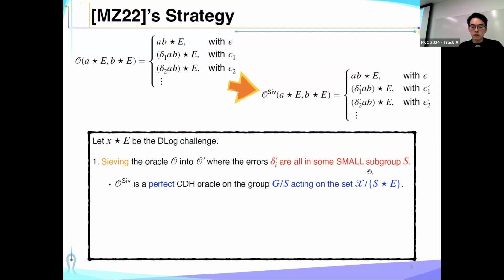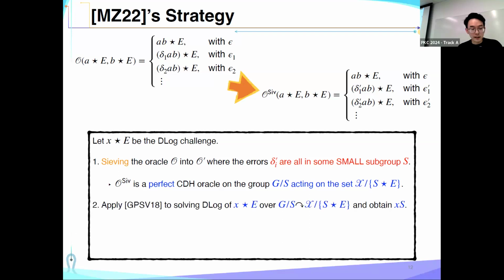Because the error terms are now all in a small subgroup, if we take the quotient group, this becomes a perfect CDH oracle over the quotient group. Then we can just apply GPSV 18 to solve the D-log and recover the cosets. And because the subgroup is small, we can enumerate the elements in these cosets and test which is the correct answer.